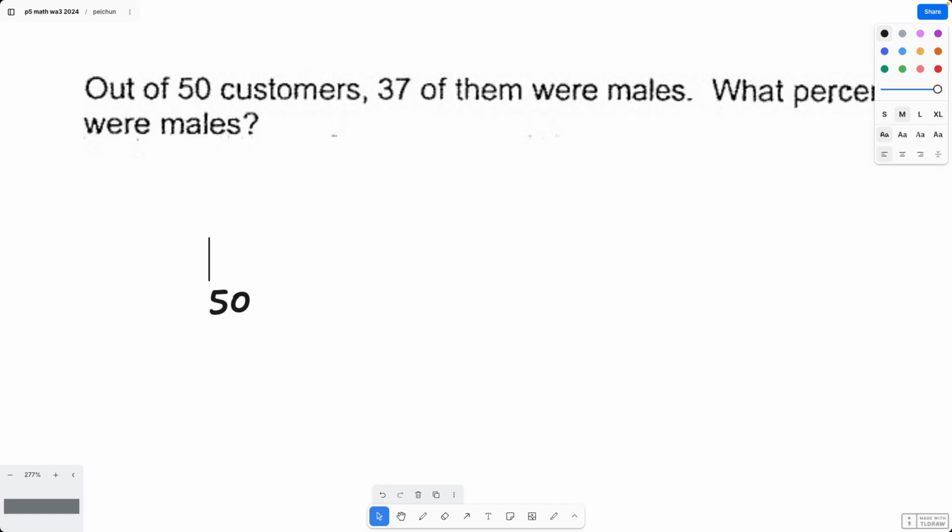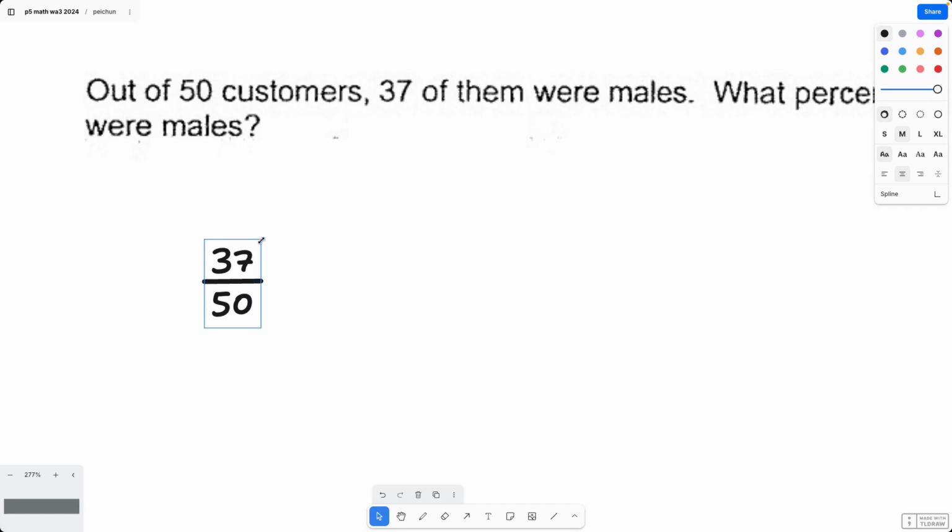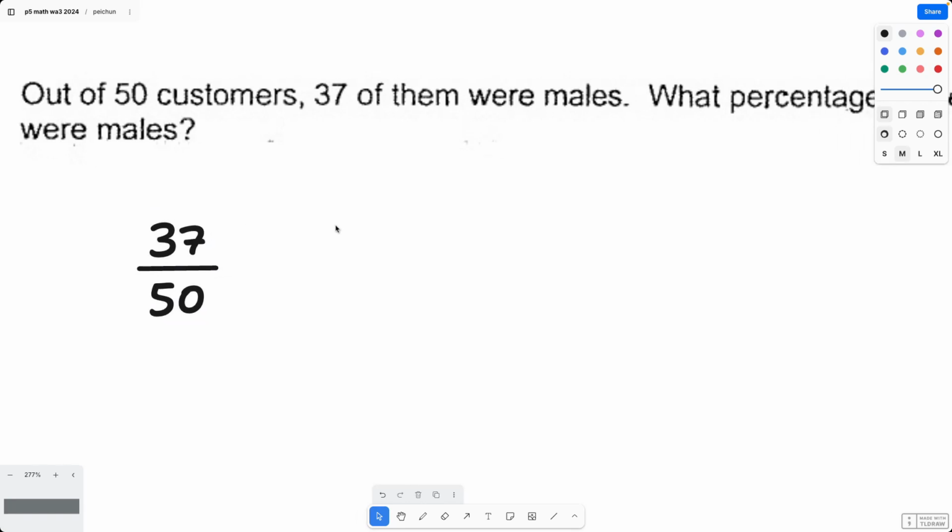And then what we want over here is the thing that we want to represent as the percentage. Okay, so it will become 37 out of 50, right? So 37 out of 50, then what we can do is to multiply this times 100%, right, in this case over here, right?